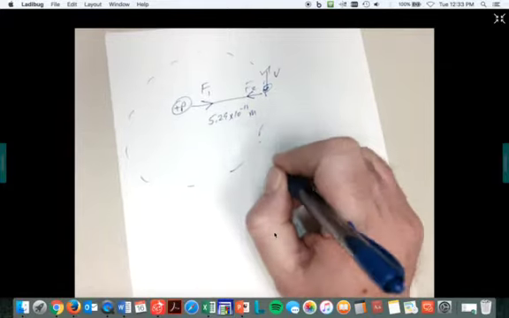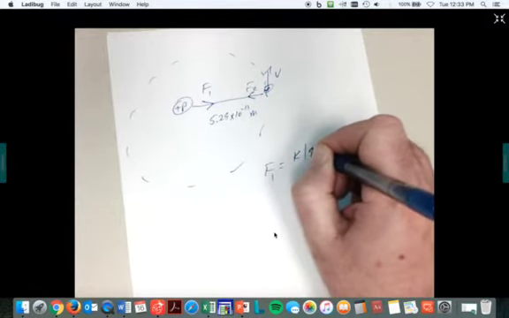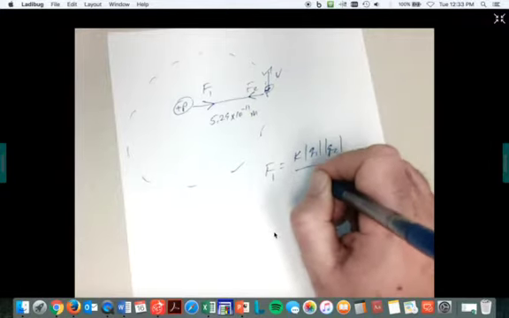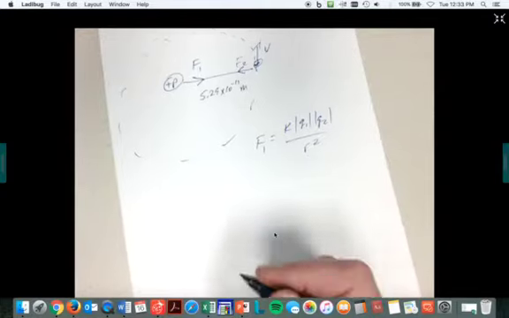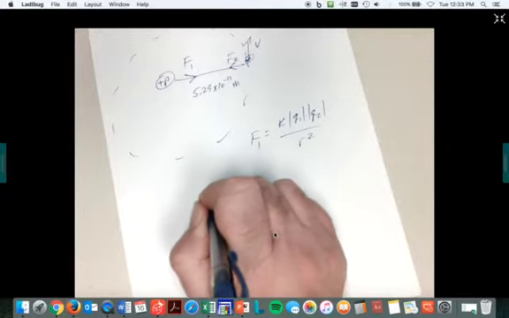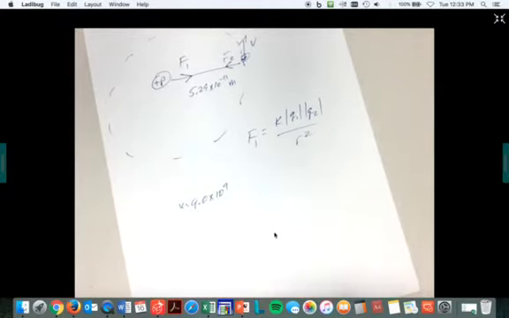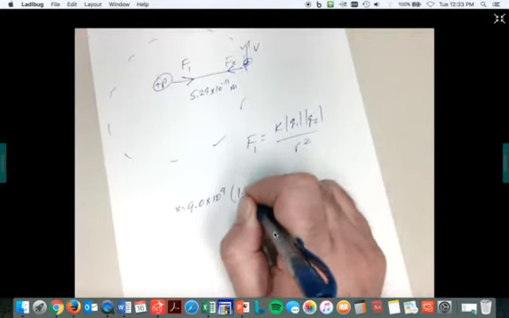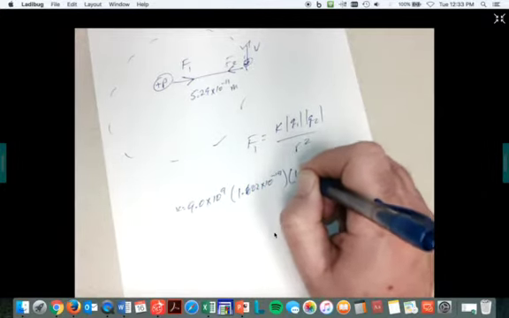We'll say F1 is equal to k times Q1 times Q2 over r squared. Now these numbers get really, really dinky. So we've got 9.0 times 10 to the 9th, that's k, times 1.602 times 10 to the negative 19 times 1.602 times 10 to the negative 19.